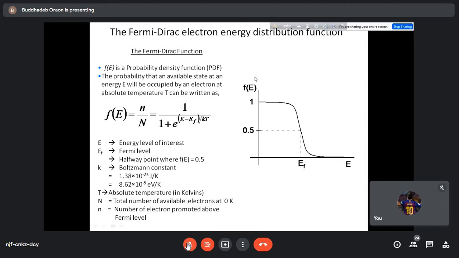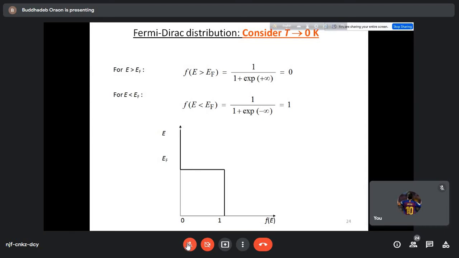So the nature of the function is something like this. If we take in the x-axis the energy level of electrons and the value of this function, we'll get something like this. With reference to temperature, this function changes. Let us consider a temperature T equal to 0 K, absolute zero, and see the nature of this function.